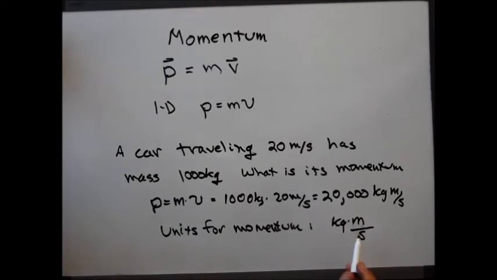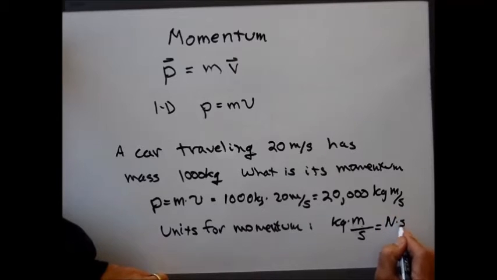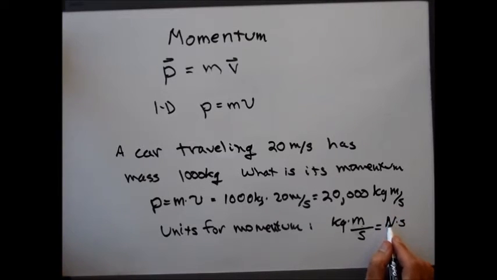When we were doing force, we said a kilogram meter per second squared is a newton. There's really no name for this one. So we either write it as a kilogram meter per second, or sometimes we call it a Newton second, because a Newton is a kilogram meter per second squared times a second gives you a kilogram meter per second.